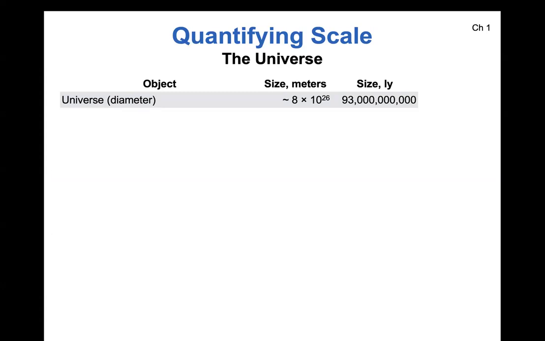If you remember the table from a few slides back, you could do that comparison, but we'll make it as we go along. Do note that distance is equivalent to 93 billion light years.